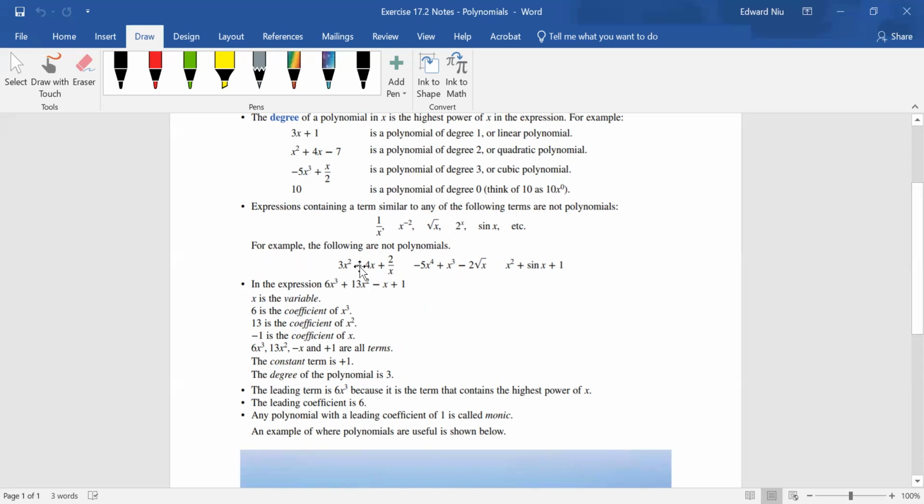So, for example, the following are not polynomials, okay? If we have a 2 on x in any of the 3 expressions, not a polynomial. If we have a root x anywhere along in any of the terms in the expression, not a polynomial. If we have a sine x or any other trigonometric ratio, that is also not a polynomial.